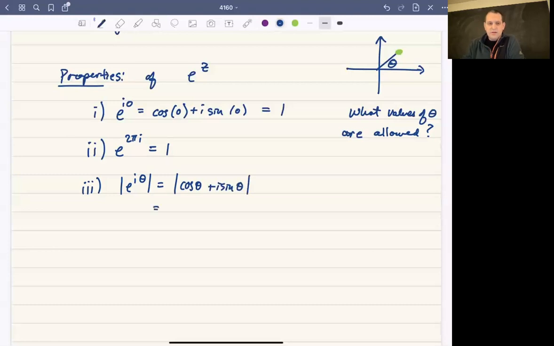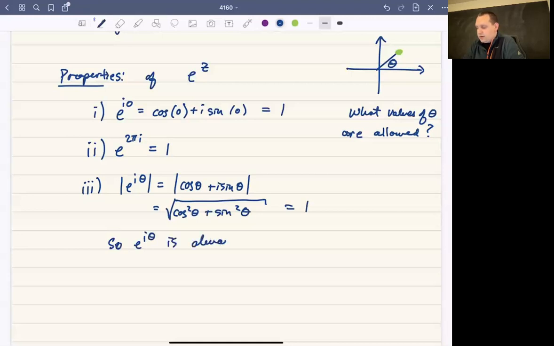We know that the magnitude of a complex number is the square root of the sum of the squares of the real part and the imaginary part, and it turns out that what we get is 1. So e to the i theta is always a point on the unit circle.